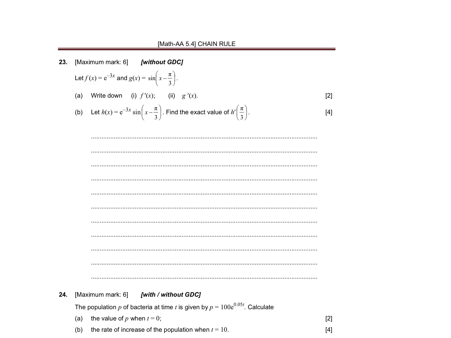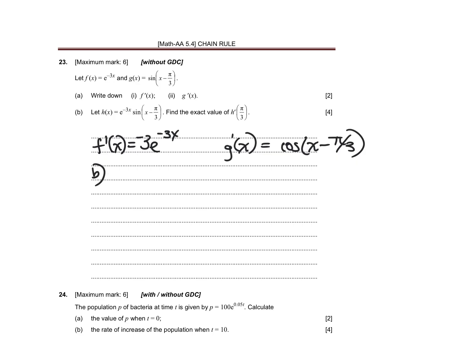Okay, so this one, we have f prime is going to be e to the negative 3x times negative 3, and g prime is going to be cosine x minus pi over 3. And there's no chain rule because you just multiply by 1.